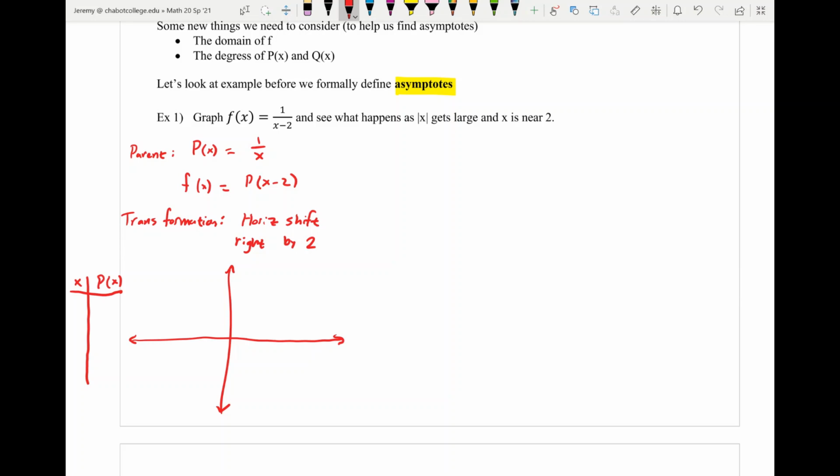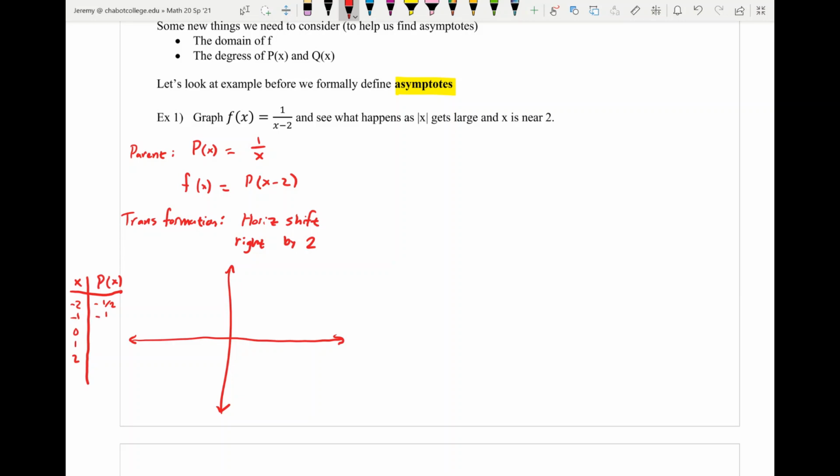It's pretty easy to evaluate, if I want to plug in like -2, -1, 0, 1, 2, just to start there. I get -1/2, I get -1.